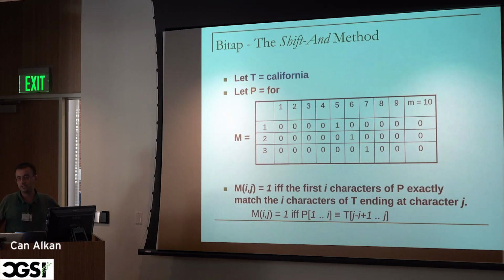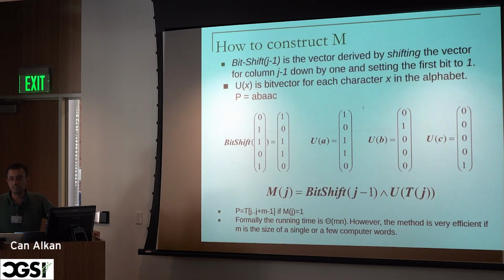In reality, it won't be a table, it will be just bit vectors. When the position ij is equal to 1, it means the first i characters of P exactly match i characters of T ending at character j. So when we have a perfect match of 4 in California and this is set to 1, that means the first 3 characters of our pattern 4 match our text ending at position 7. And these are bits, so we can calculate these very, very quickly.